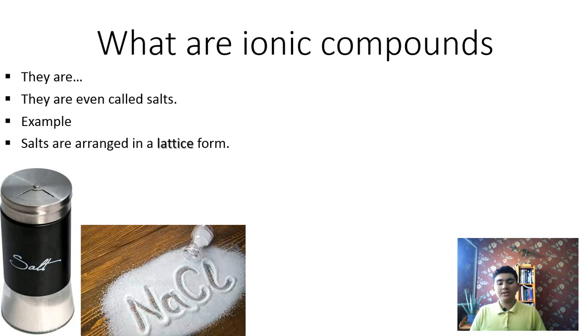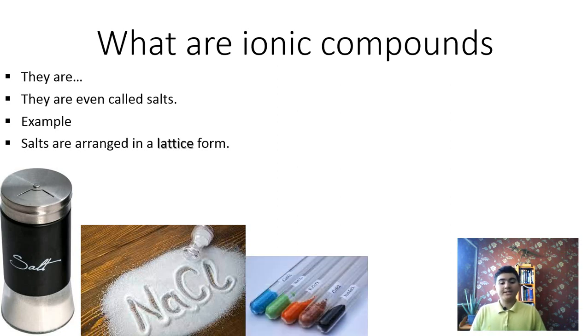We have many different kinds of salts, some of which may not be good for the human body and may be toxic to it. In this picture you can see some examples of these salts.